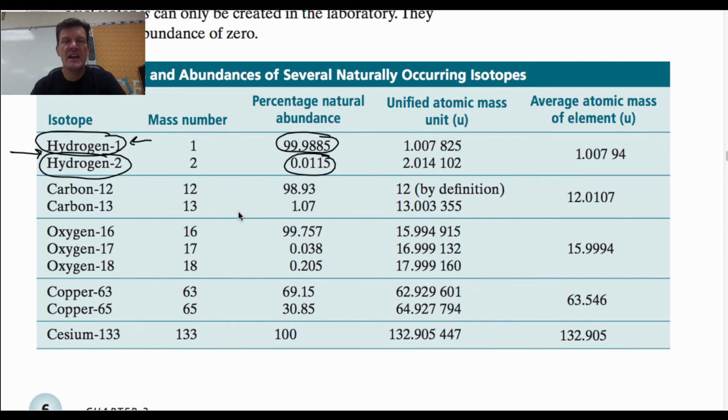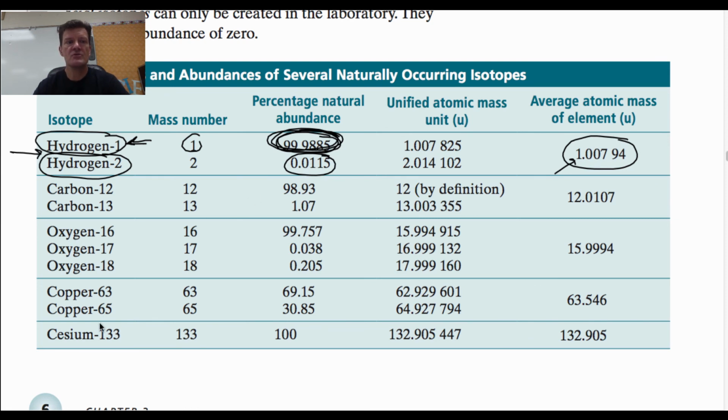So when we take a weighted average of that, you end up getting the mass of hydrogen. The average of all the hydrogen isotopes in a sample is going to be a little bit more than 1, because this isotope has a mass of 1, but a little bit of hydrogen-2 is going to bump it up a little bit. The weighted average is not just taking 1 plus 2 and dividing by 2. No, it's a weighted average. This isotope has a larger impact on the overall average mass.